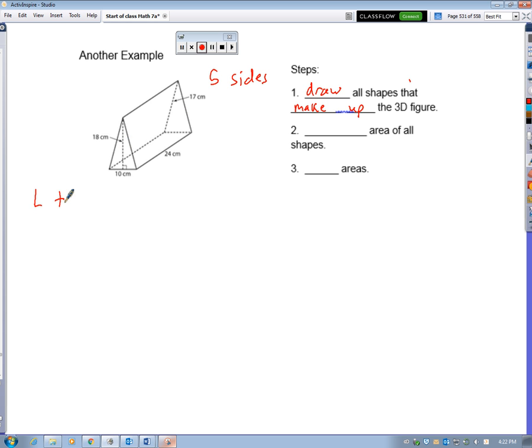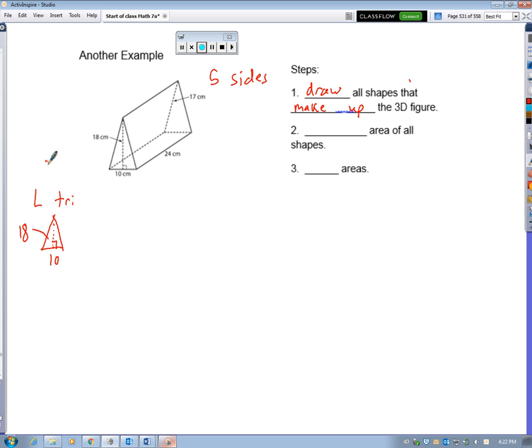So I'm going to say L tri, and my L tri looks like this. I have this line coming down, which is the height. There's my right angle. I have a base of 10 and a height of 18. My 18 is not going to fit in there too well with my pen, so I'm going to put it off here to the side.